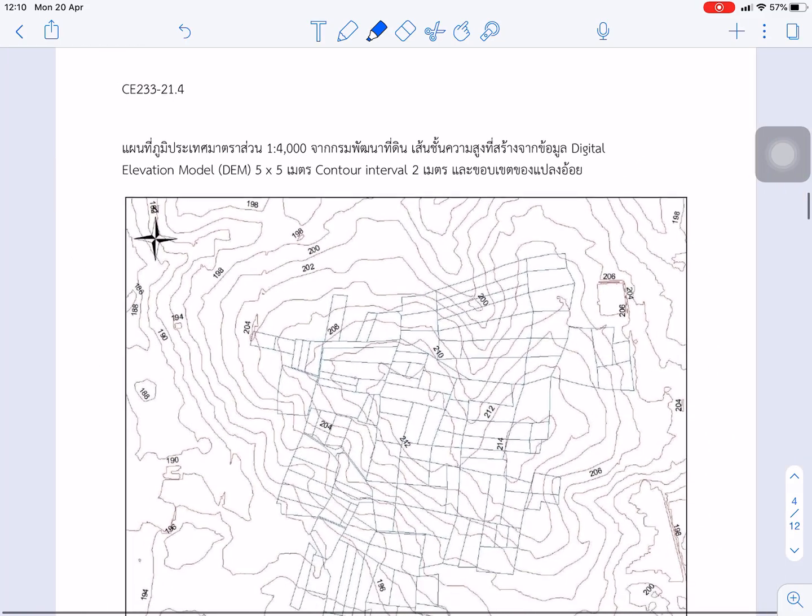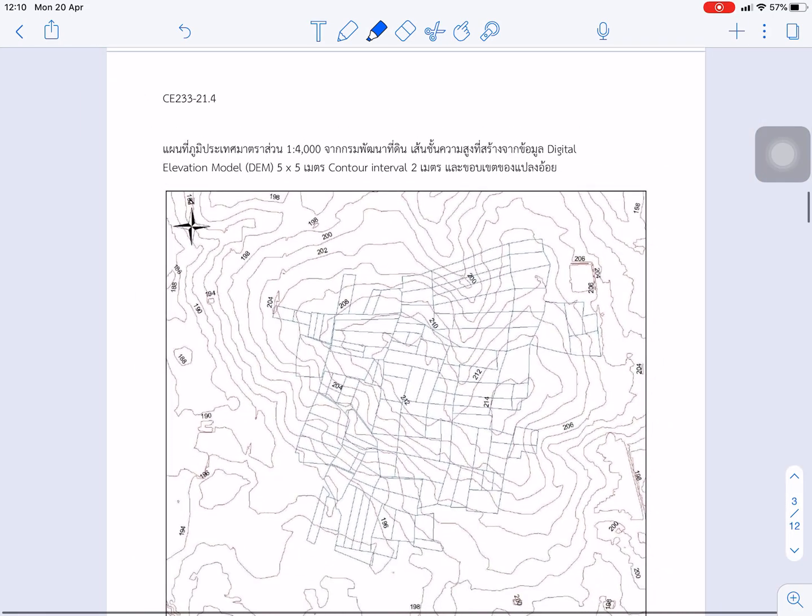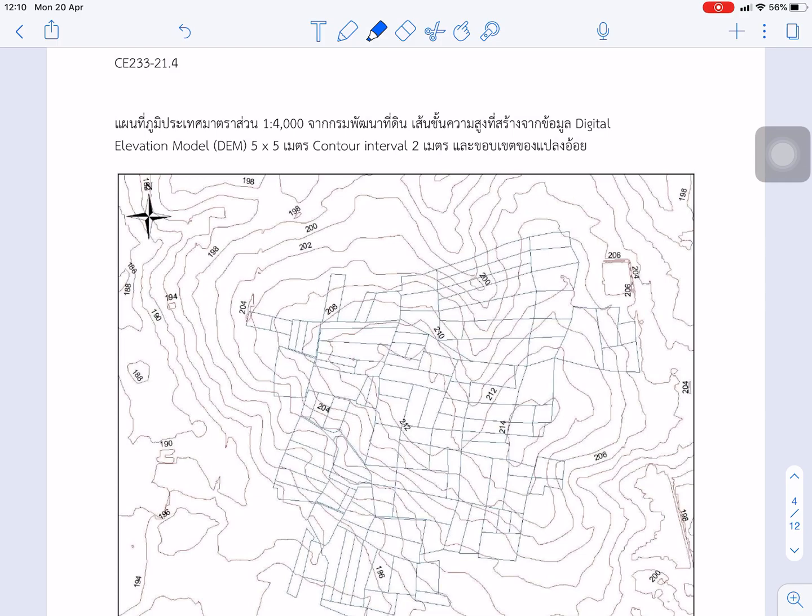So we have to buy the data from the development department. Sorry, it's not in English.